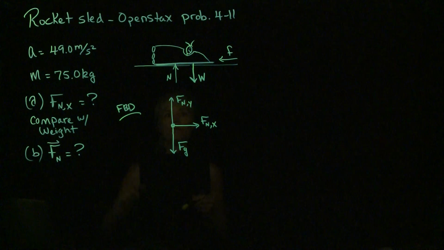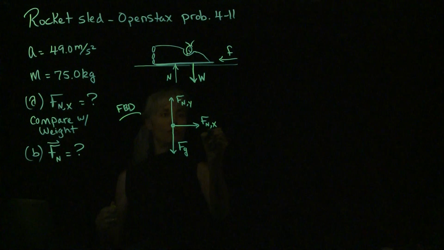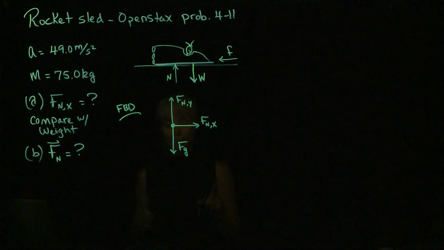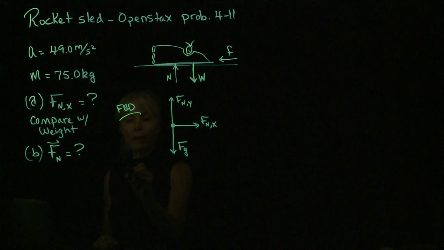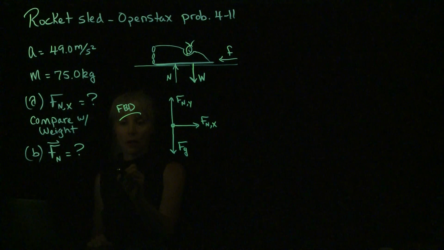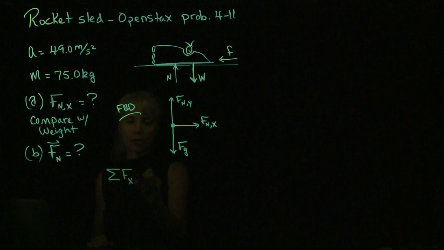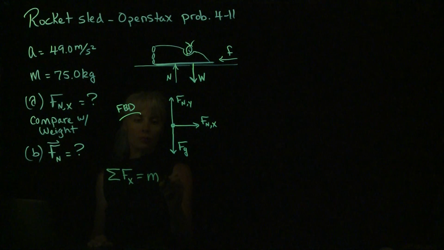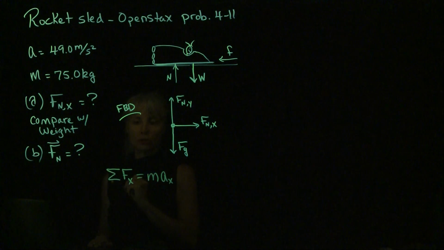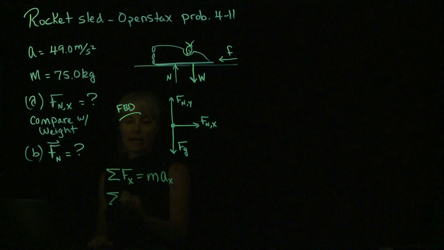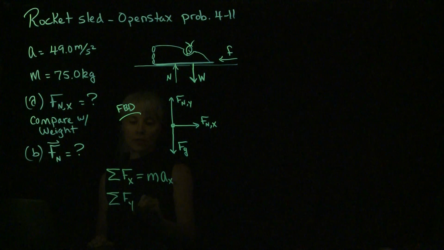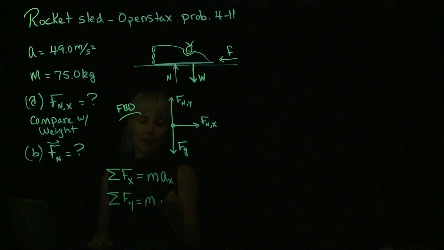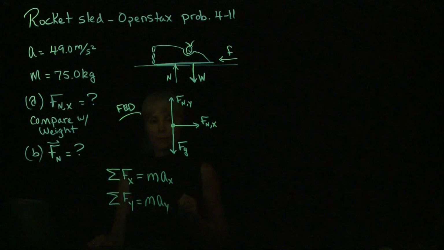So now we want to find this force right here for part A. Remember that we have access to Newton's second law. Newton's second law says we can add up all of the forces along the x direction and set that equal to the object's mass times its acceleration along the x dimension. We can add up all the forces along the y dimension and set that equal to the object's mass times its acceleration along the y dimension.